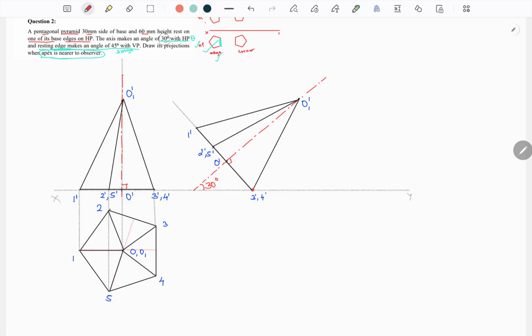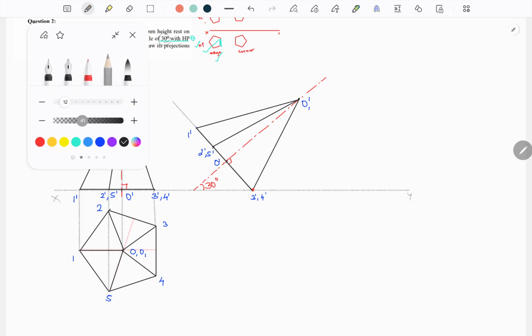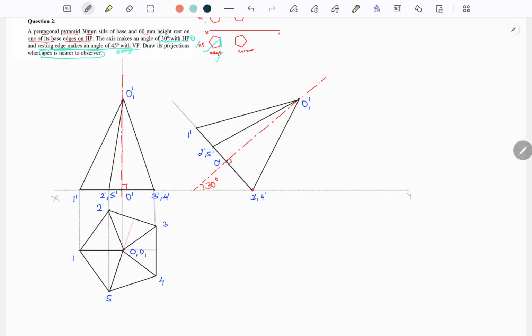Okay, now stage 2 top view. How to draw stage 2 top view? Can we draw stage 2 top view? Yes. For that, first let us take projection from stage 1 top view. Point number 1, point number 2, horizontal projection, 3 horizontal projection, 4 horizontal projection, 5 horizontal projection.